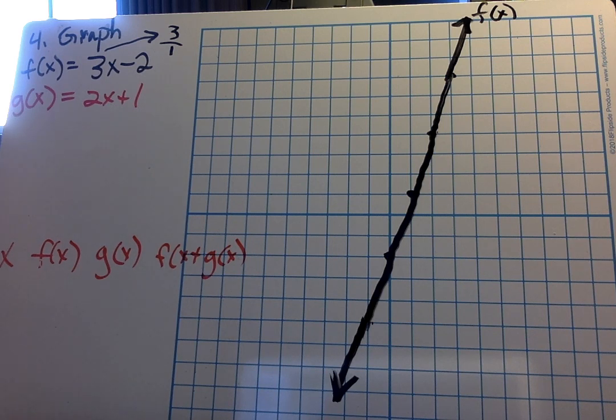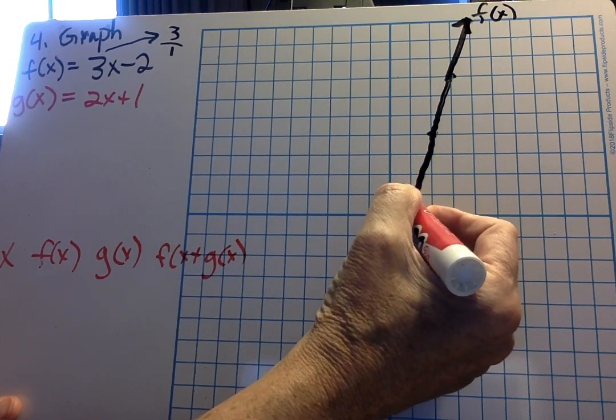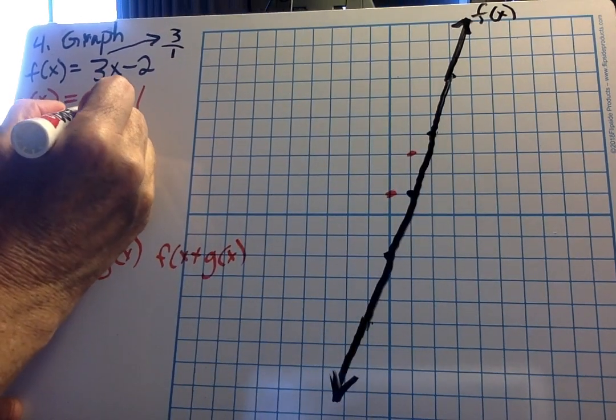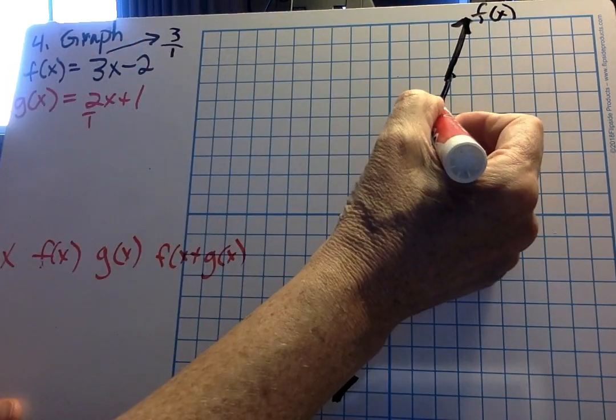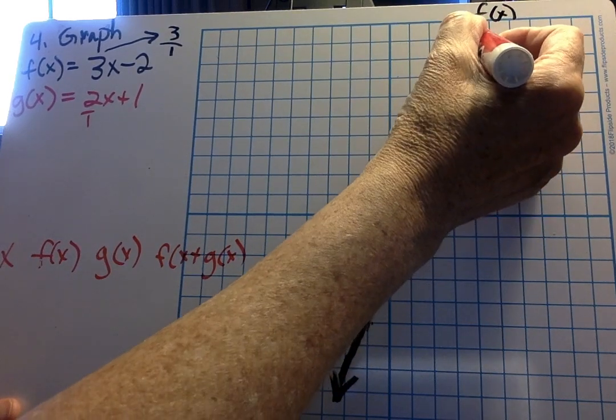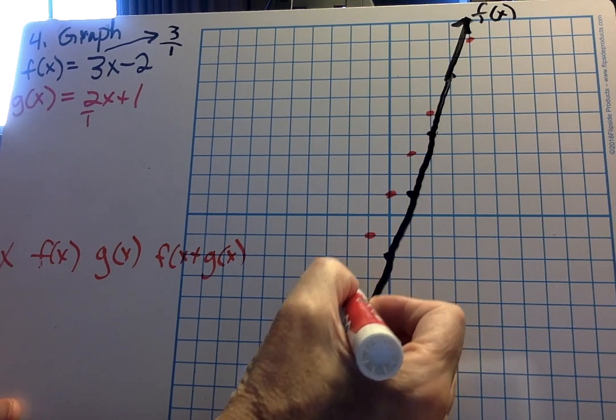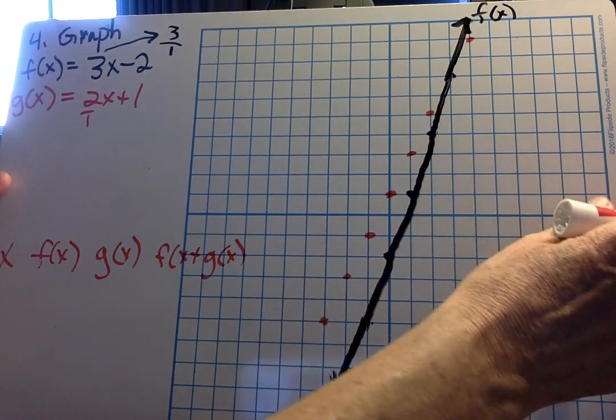The other one is g of x equals 2x plus 1. So we're going to start at 1. We're going to go up 2 over 1. So again, this 2 over 1, rise over run. Okay, so I'm going to go ahead and draw that.